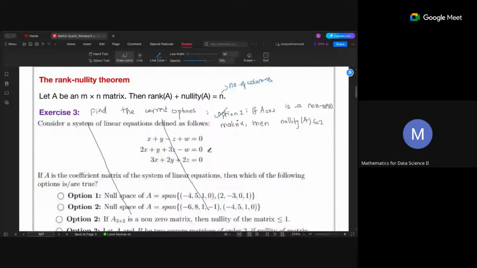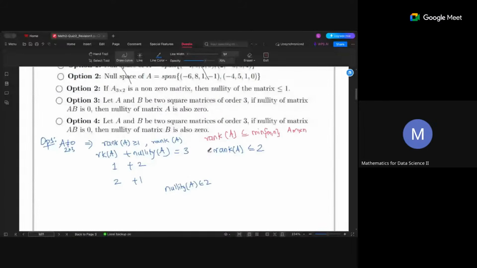Now what is option 2 saying? Option 2 is about a 3 cross 2 matrix. It is non-zero, so we have the same condition: 1 is less than or equal to the rank of A, which is less than or equal to 2.